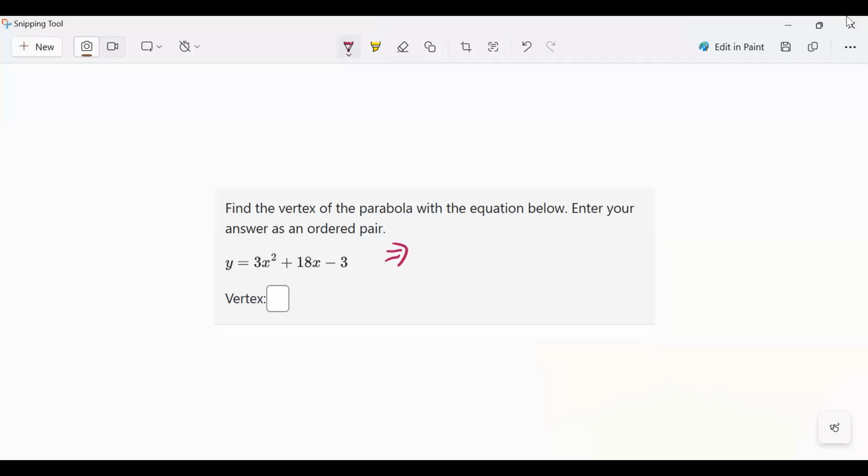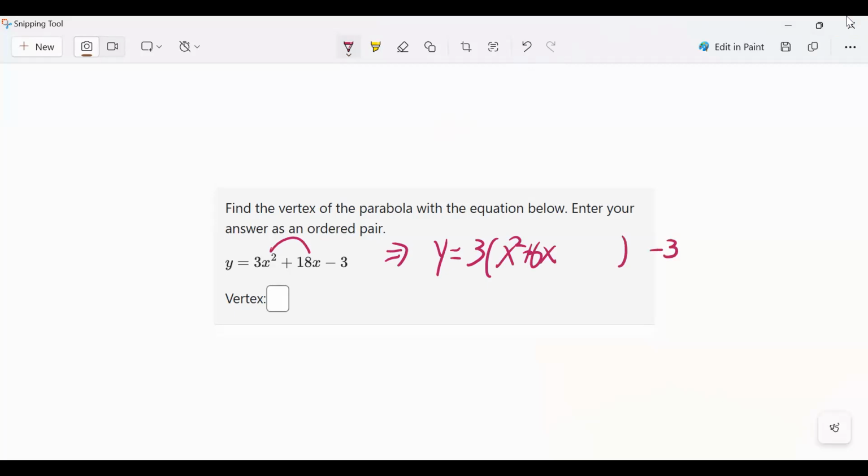To complete the square, we need to factor out 3 for the first couple of terms. We get x squared plus 6x, and then minus 3 in the back.